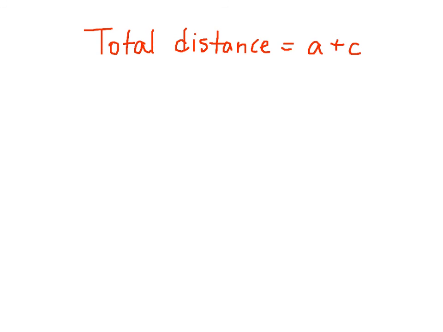So our total distance that the child swam is going to be equal to your A plus your C, so side A of your triangle plus side C. You take 680.1 plus 376.5.